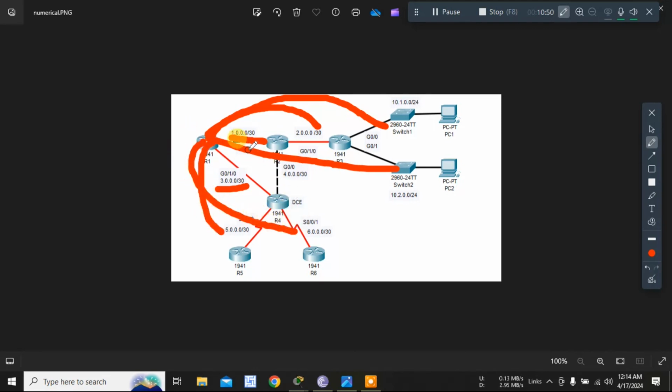So I have done for all. I don't have to do for this one and this one, because these two networks are directly connected.